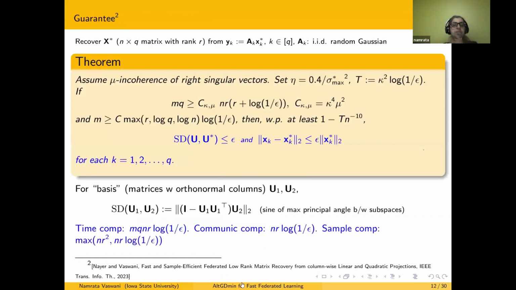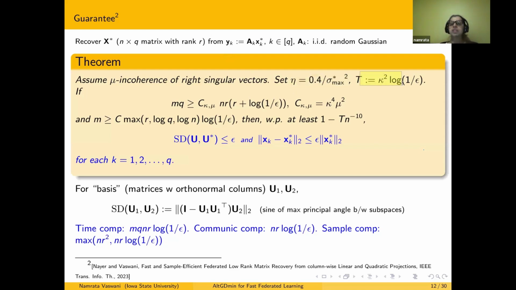What you can show for this is, you're assuming mu-incoherence of the right singular vectors, which is the incoherence assumption. You can set your step size as this, or actually any constant smaller than 0.5, and the result goes through.